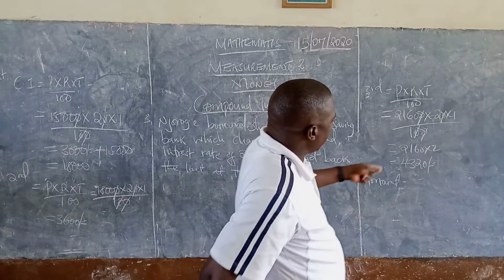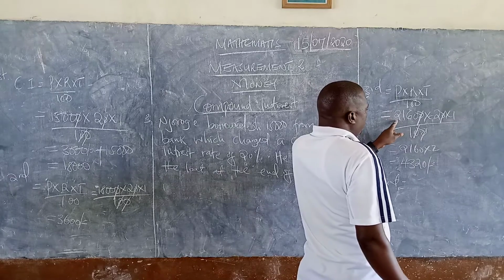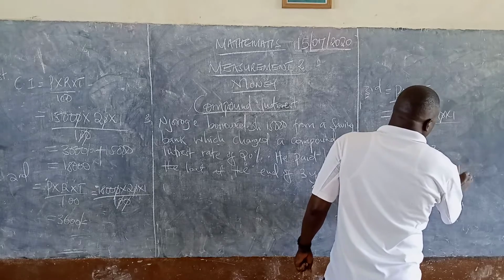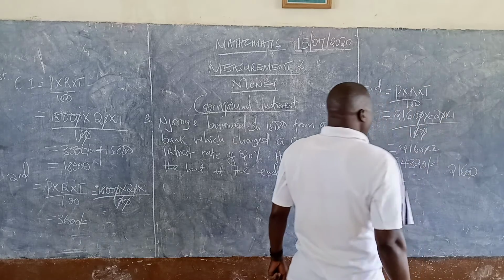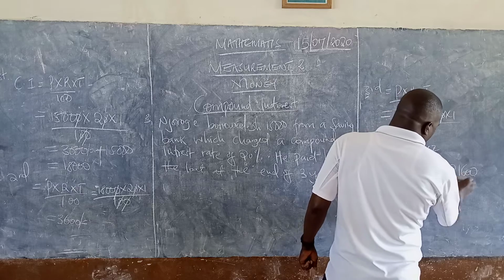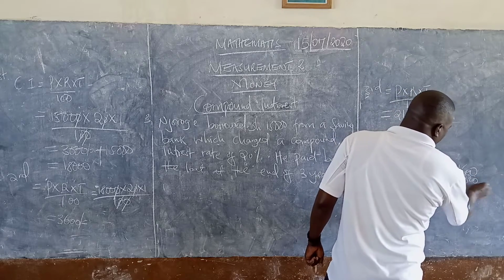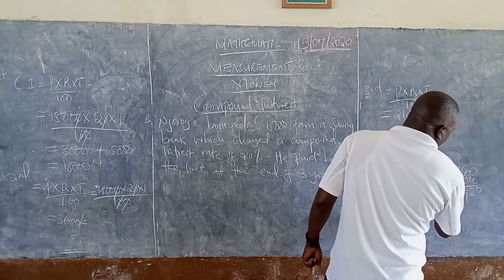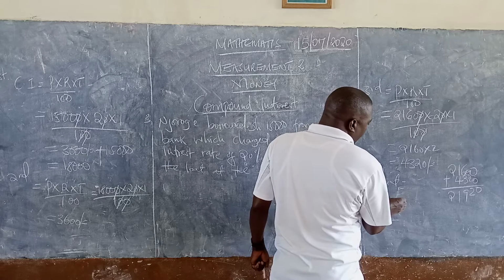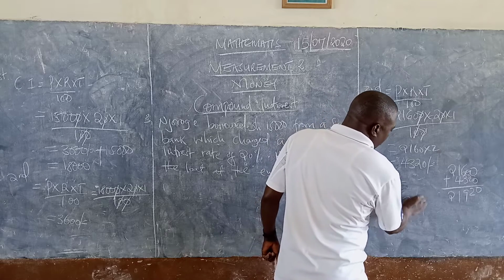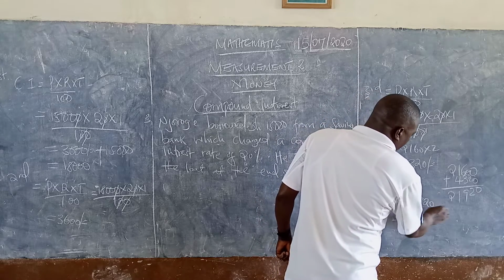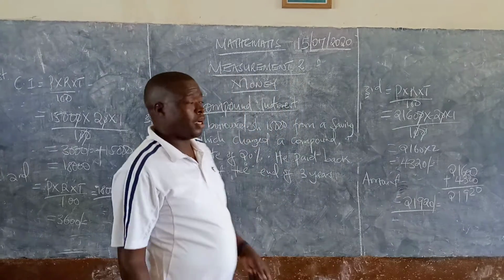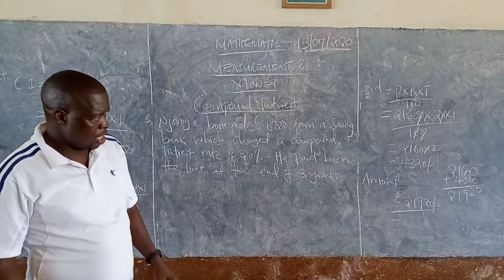We take the principal at the beginning of the third year, which is 21,600, and add 4,320. So the amount that was paid back is 25,920 Kenyan shillings, at the end of the 3 years.